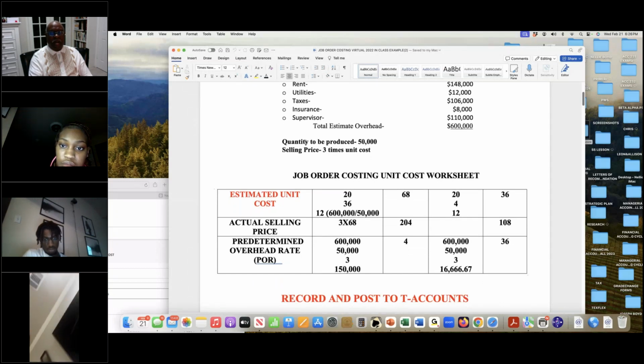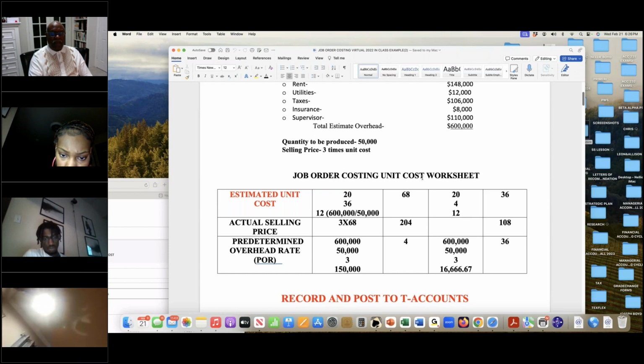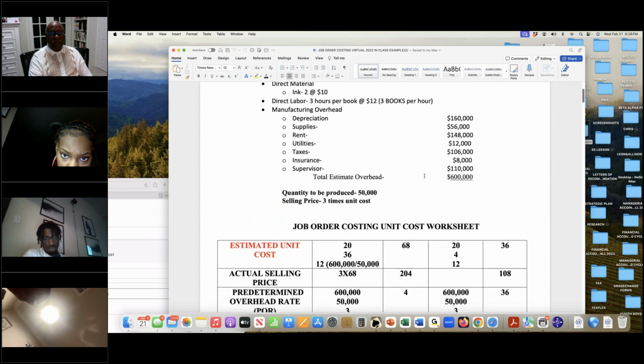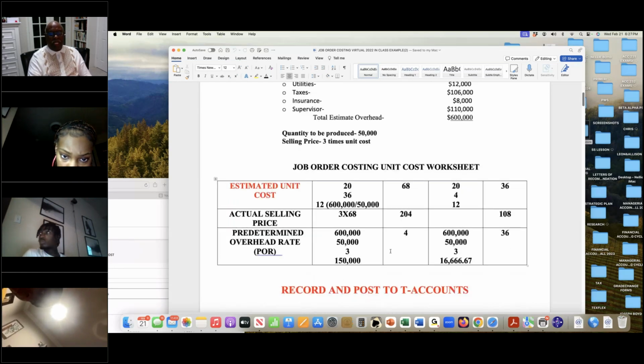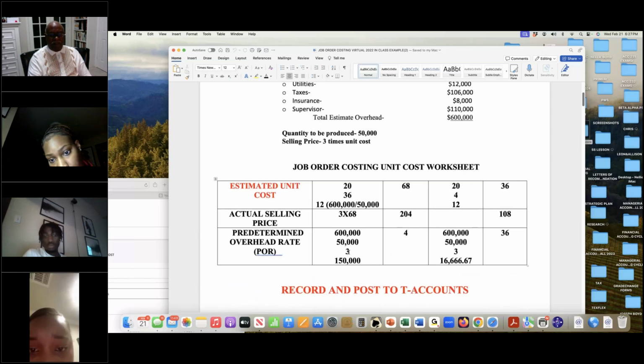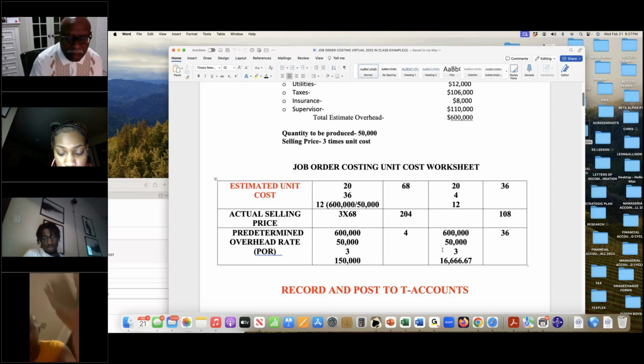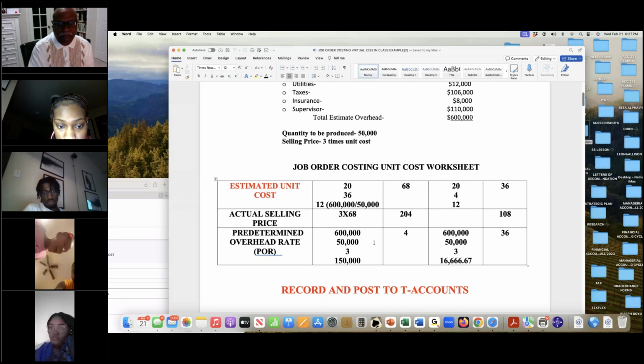Then we put in our quantity to be produced, 50,000. We put in next our selling price multiple is 3. And since it takes 3 hours to make one, we multiply 3 times 50 to get 150,000. Then our POR becomes the 600,000 divided by 150 to get 4.